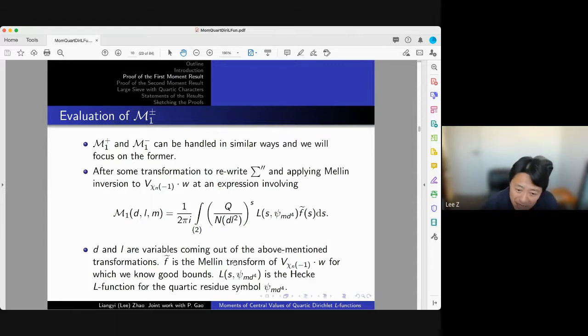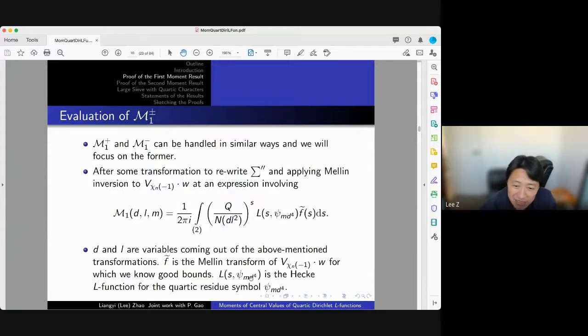And we know good bounds for f tilde, because we have good bounds for v. v is just a function involving gamma functions, different kinds of gamma functions, and w is this smooth function with compact support. So we have good bounds for f tilde.